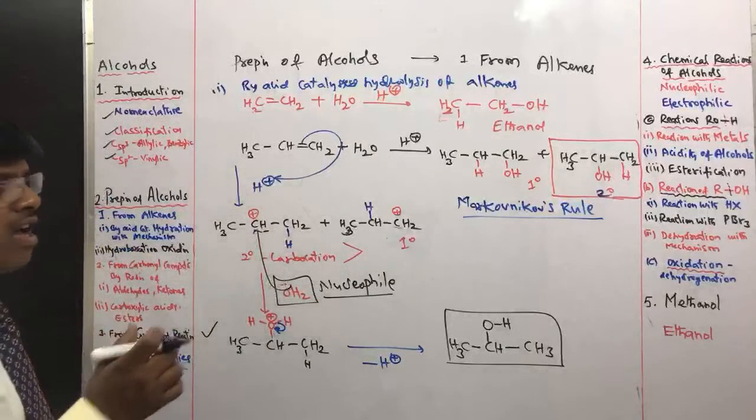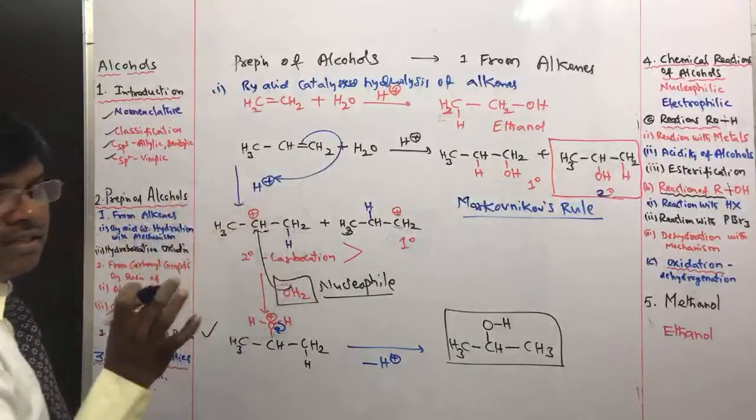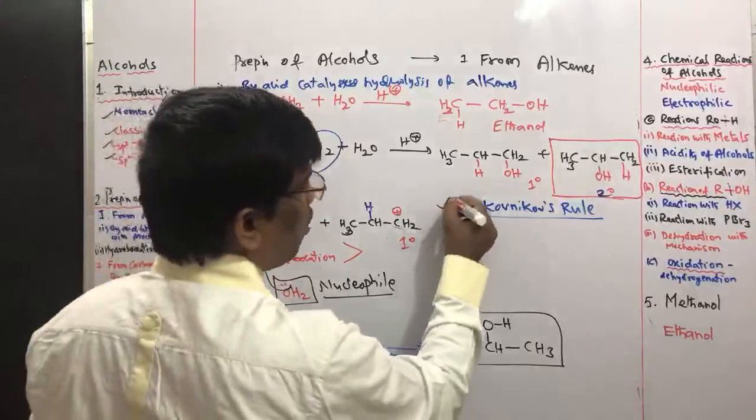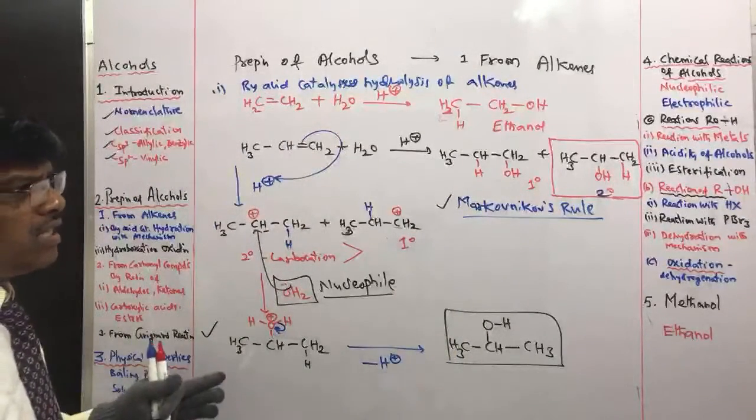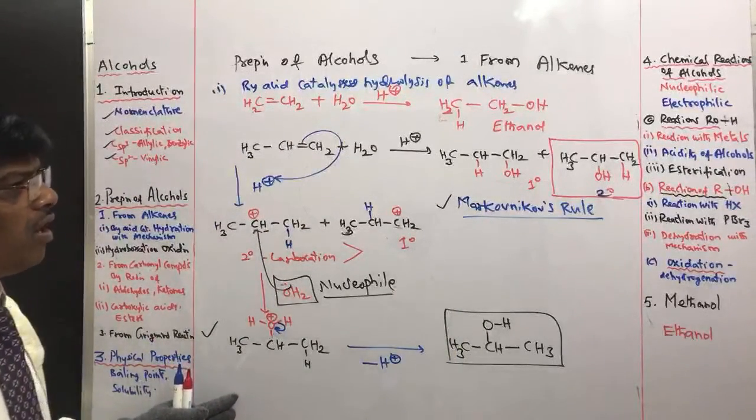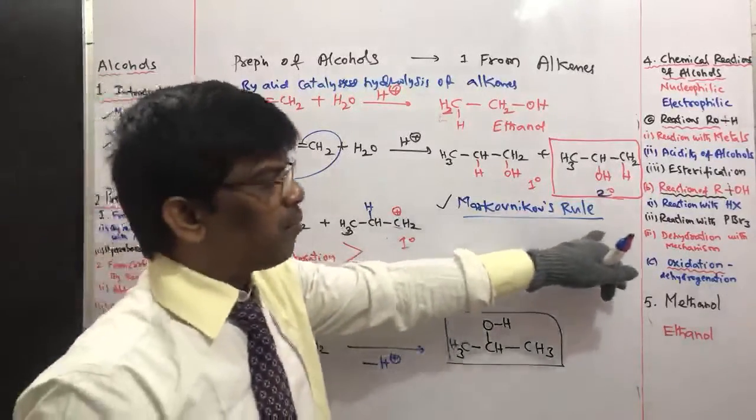Less hydrogens or more carbons. That is how Markovnikov's product is obtained. So this is the usual method of preparation of alcohols, where you will get Markovnikov's product.